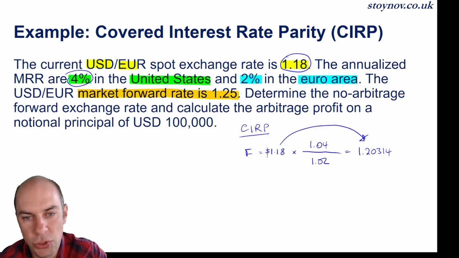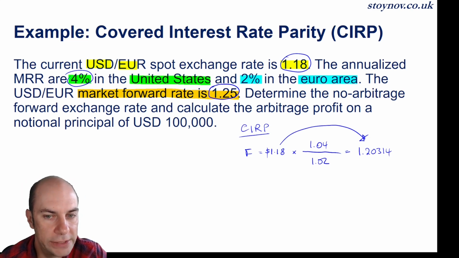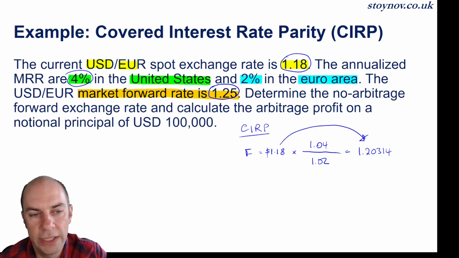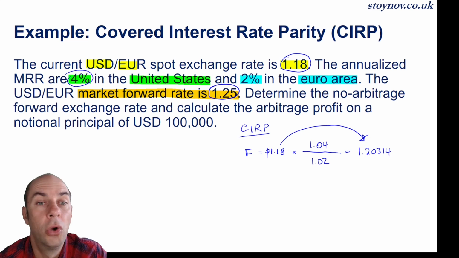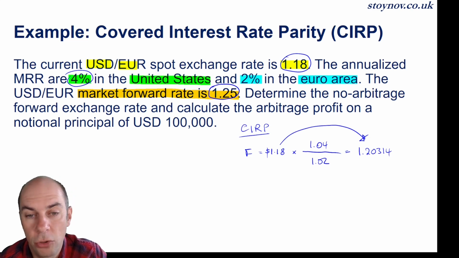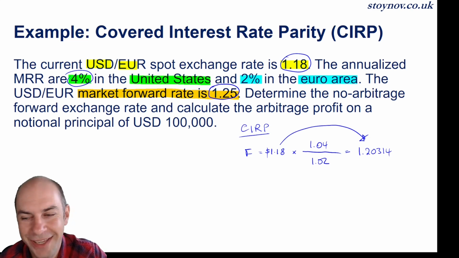Now, of course, in this question, we have arbitrage because the price of the euro in the actual market is 1.25. So here I need you to pause the video and describe the euro as either being undervalued or overvalued in the forward market. Okay, and if you are saying the euro is overvalued, give yourself a pat on the shoulder, because this here is the no arbitrage price.